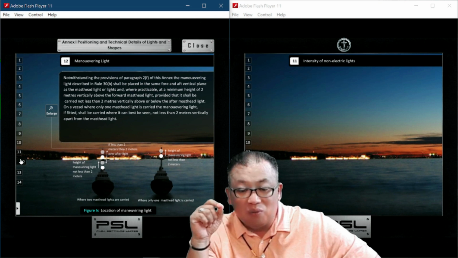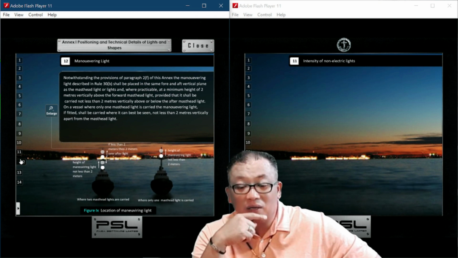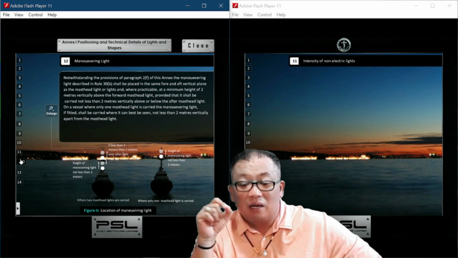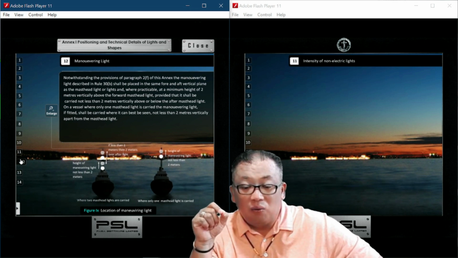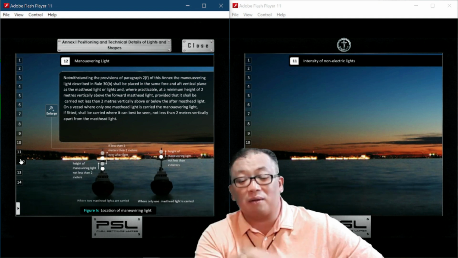Not less than 2 meters. On a vessel where only one masthead light is carried, the maneuvering light, if fitted, shall be carried where it can be seen not less than 2 meters vertically apart from the masthead light.